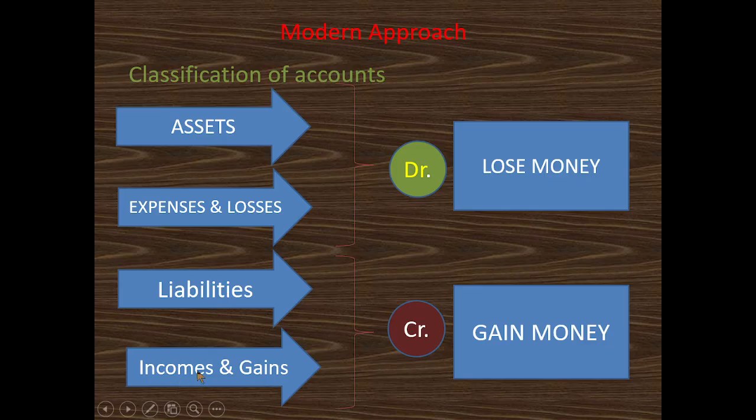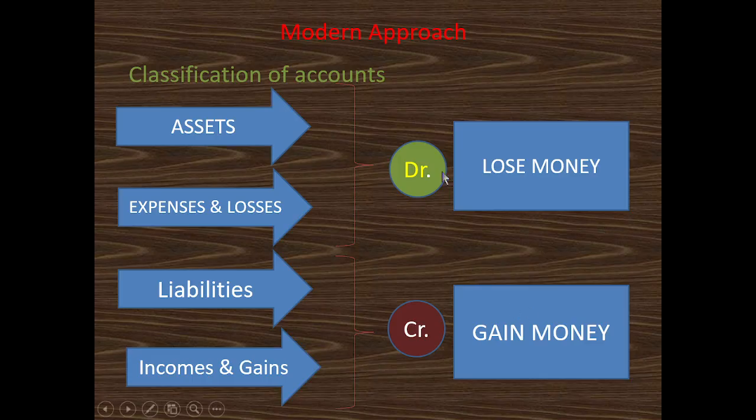For incomes and gains, we don't have an obligation to pay back. For example, if I receive a salary of rupees 10,000, it is my money, I don't have to pay back. So it's an income for me.